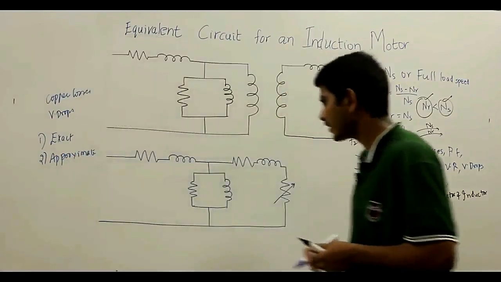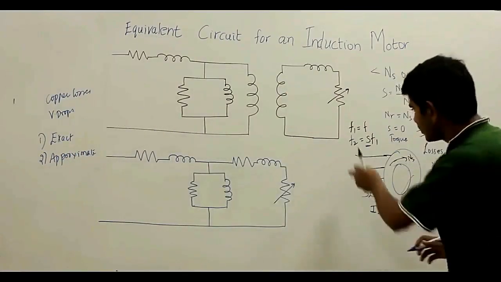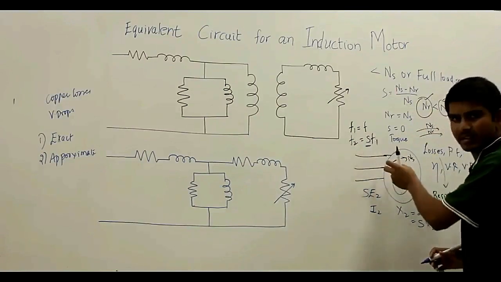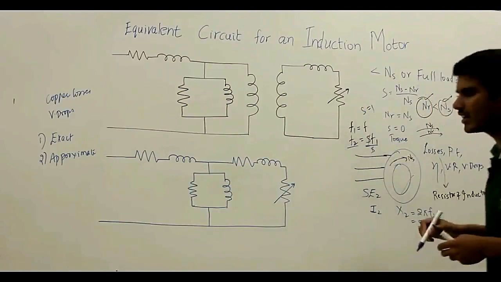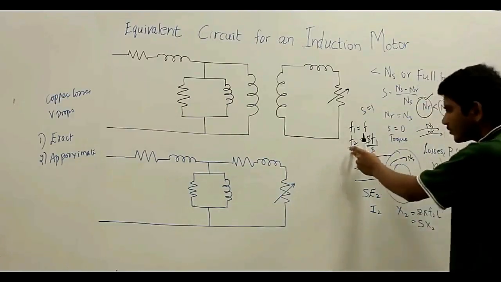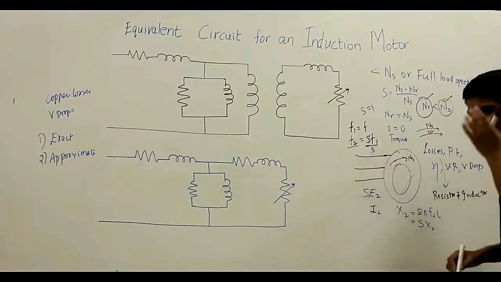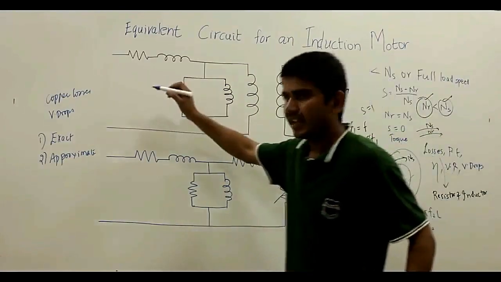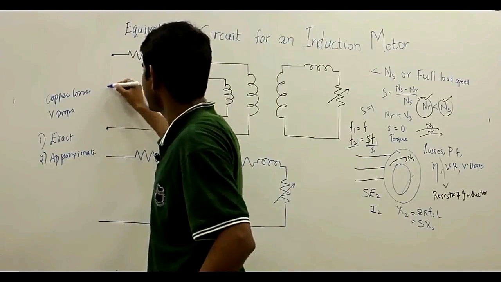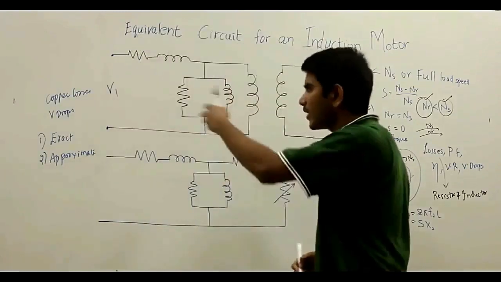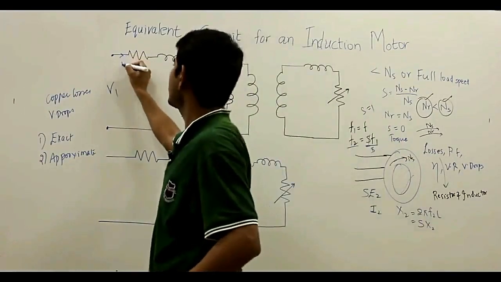Here, as I said, the rotor frequency is S times the stator frequency. When S is equal to 1, that is at standstill, the frequency of the rotor will be equal to the frequency of the stator. If I indicate the parameters, this is my supply voltage V1 and I1 is the current flowing here.